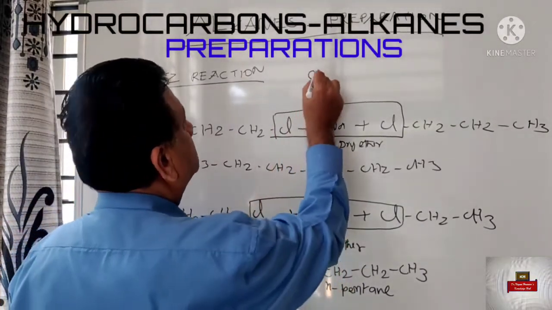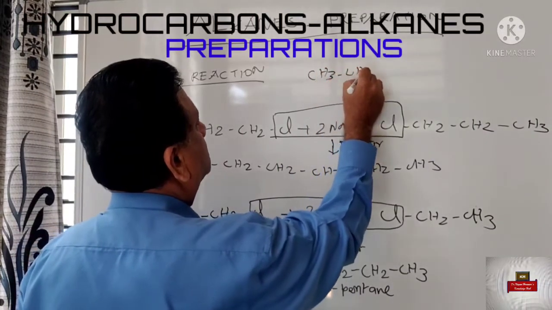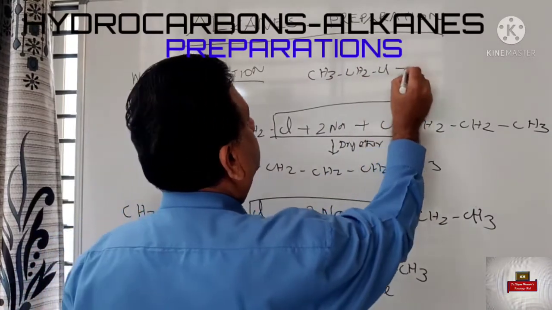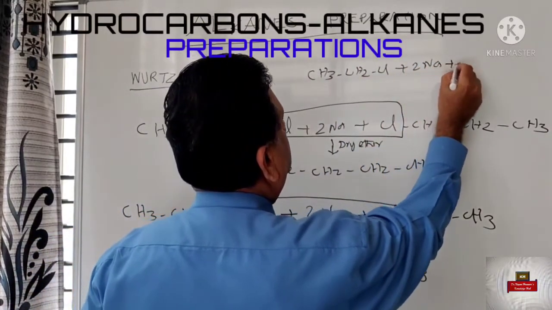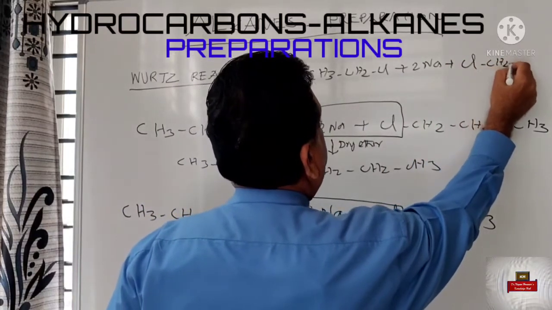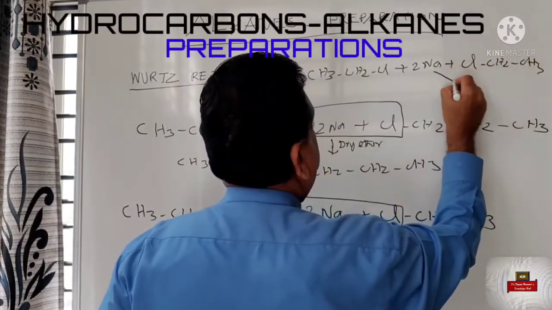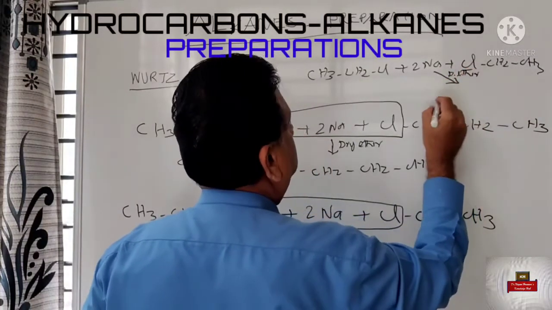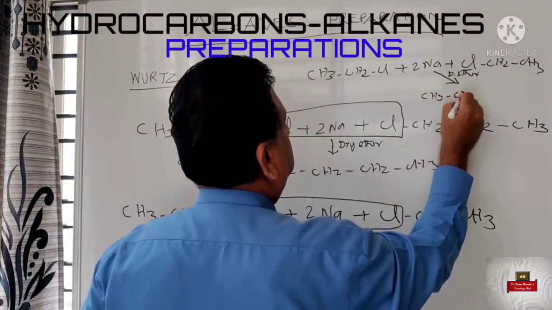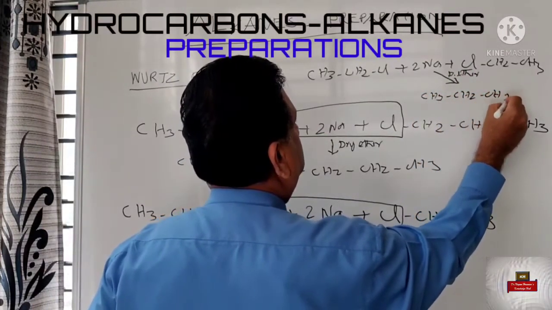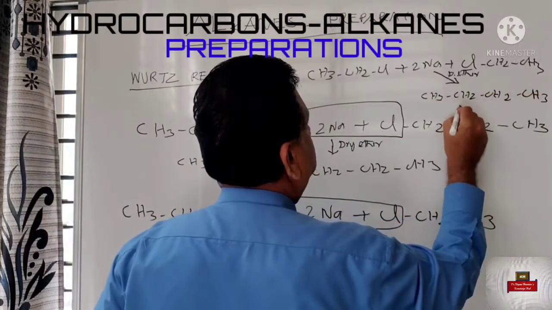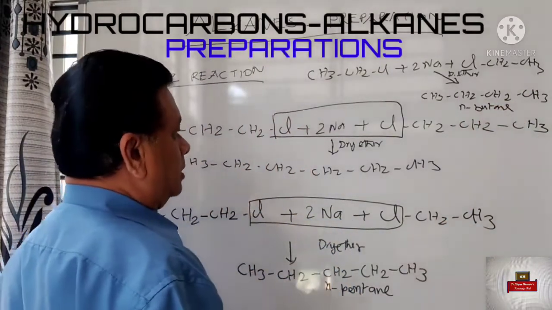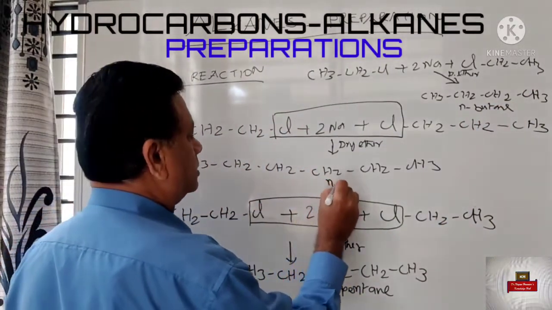CH3 CH2 Cl plus 2Na plus Cl CH2 CH3, in dry ether, will form CH3 CH2 CH2 CH3. This is n-butane. And this is hexane, n-hexane.